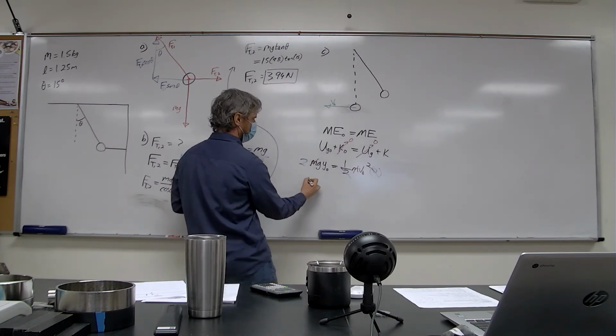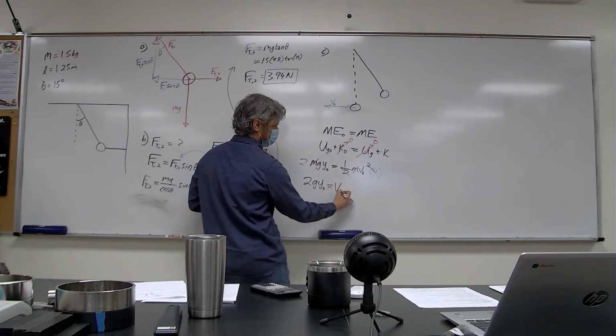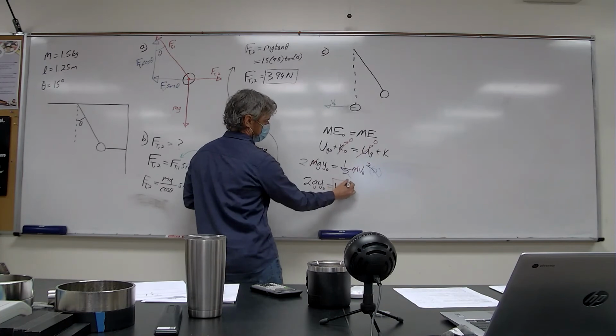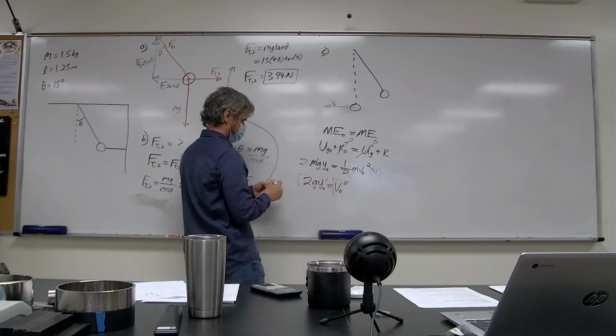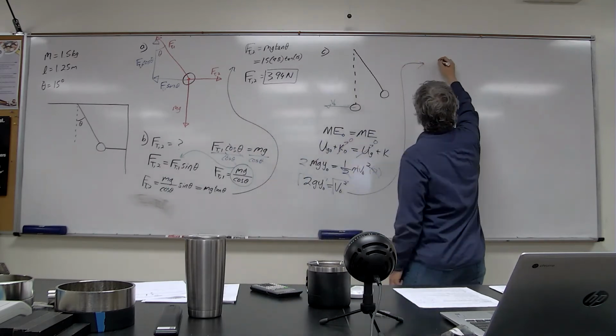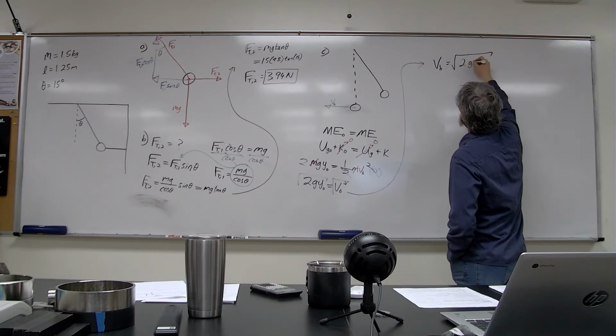And so I get 2 g y naught equals the velocity at the bottom squared. Then I just square root both sides. And I get that the velocity at the bottom will be the square root of 2g times that initial height.